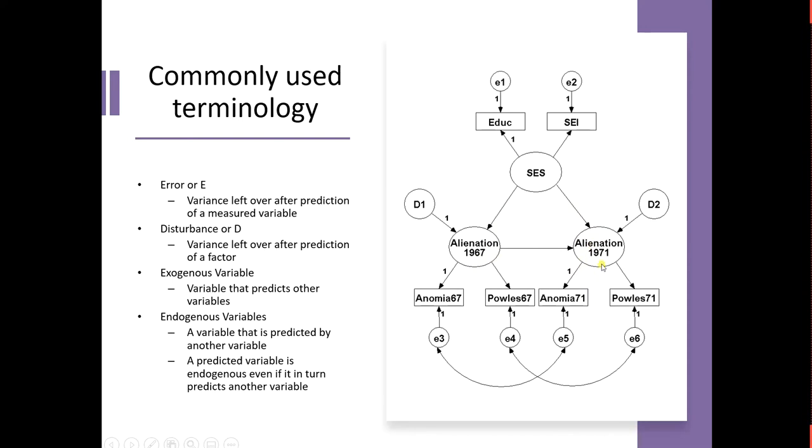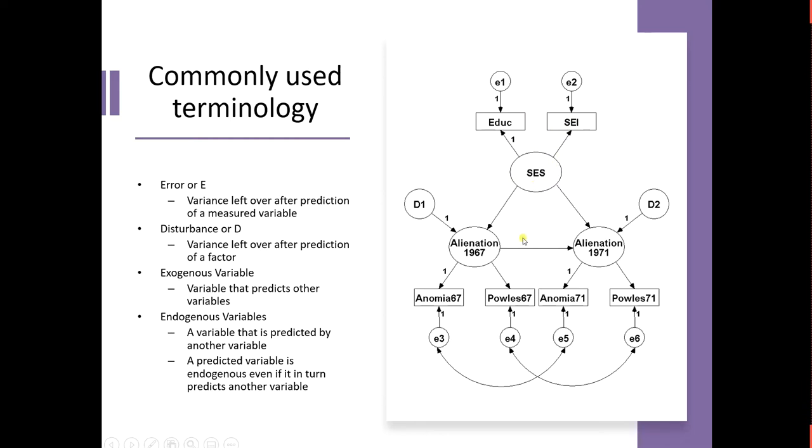But we do not use different shapes; these two are also represented by ovals or circles. Therefore, these are latent variables. Why is SES a latent variable? Because this is not directly observed. We have observed two variables and we assume that SES is reflected by these two variables.